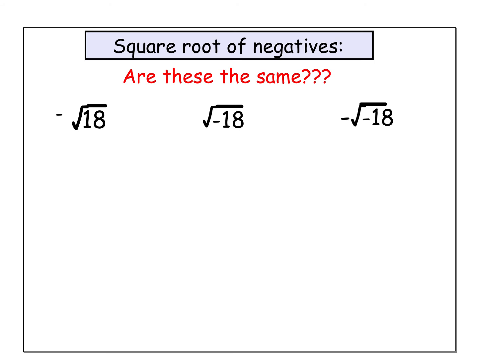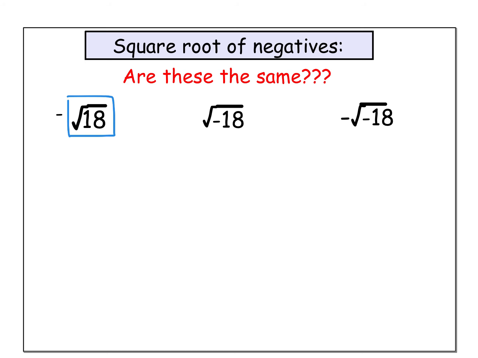If we have negative numbers in the mix, either on the left there we see a negative on the outside, in the middle we see a negative underneath the square root, and then the far right actually has both. Basically, if the negative's on the outside, like this first one, it's just saying figure out what this reduces down to, and then we'll just slap a negative sign in front of the answer.